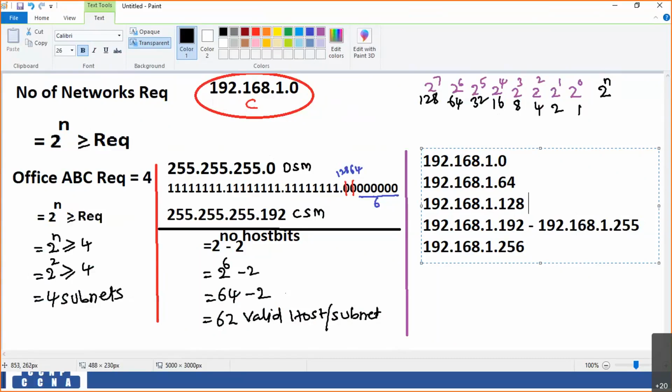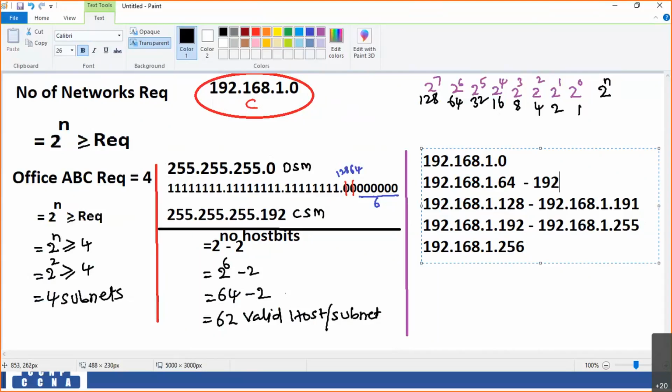Before 192? 192.168.1.191. Before 128? 127.